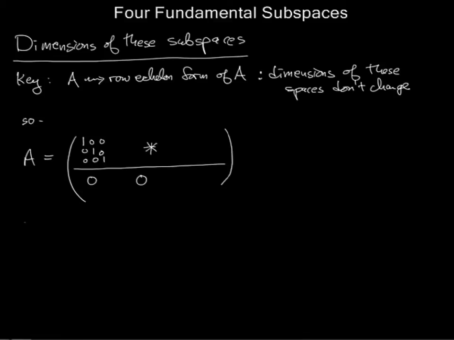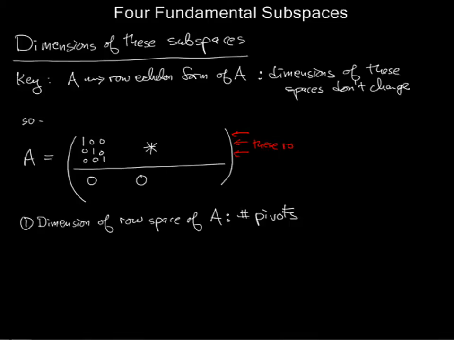And let's look at the dimensions of these various spaces for such a row echelon matrix. Well, first of all, what's the dimension of the row space of this matrix? Well, that's clearly the number of pivots, because there's one row for each pivot, and each of those rows are linearly independent.